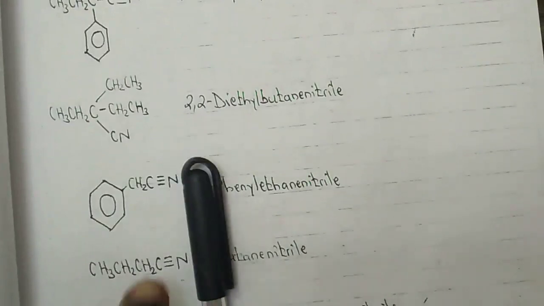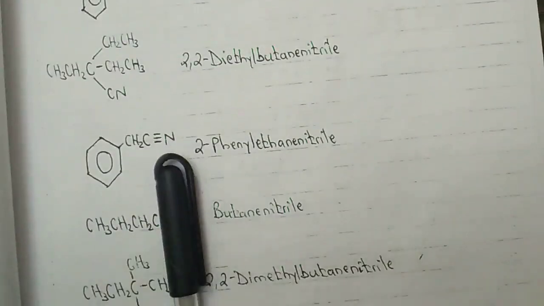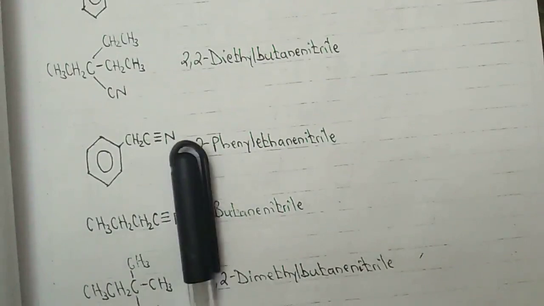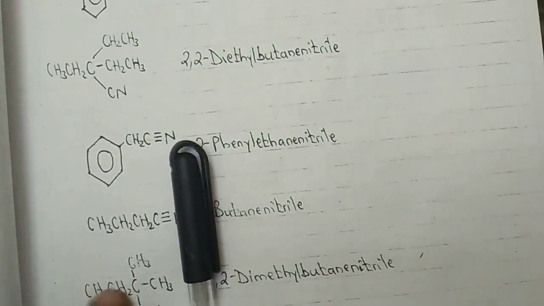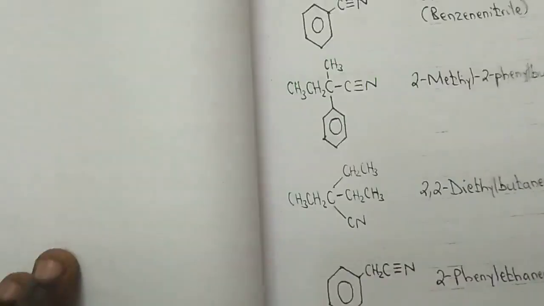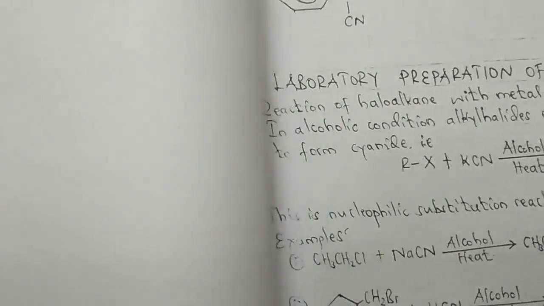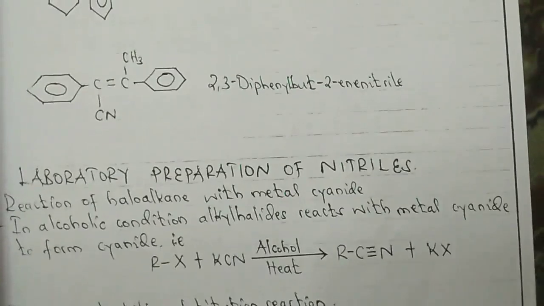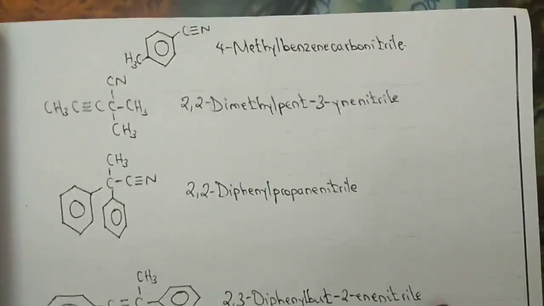Huyu hapa atakuwa ni 1, 2, 3, 4 butanenitrile, simple. Huyu hapa parent chain lazima awe na nitrile, so 1, 2, 3, 4, so it's 2,2-dimethylbutanenitrile. That's the nomenclature, how it goes.